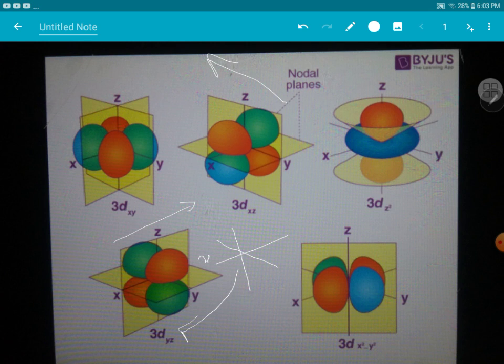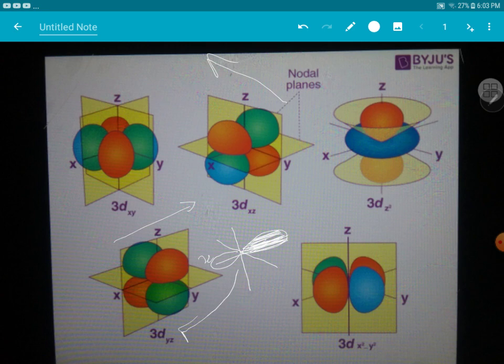That loop is fully covered with the shape and the other is below the axis, not present in the y and z axis. When we consider dxz, then one loop on the y-axis is present above the axis and one loop is below the axis.